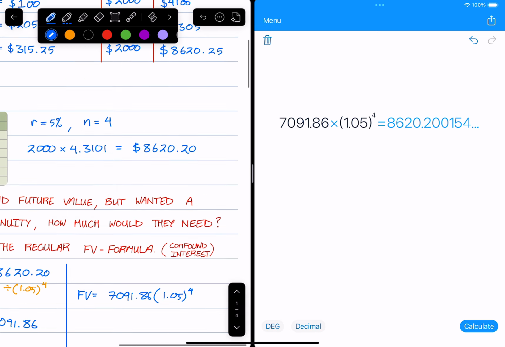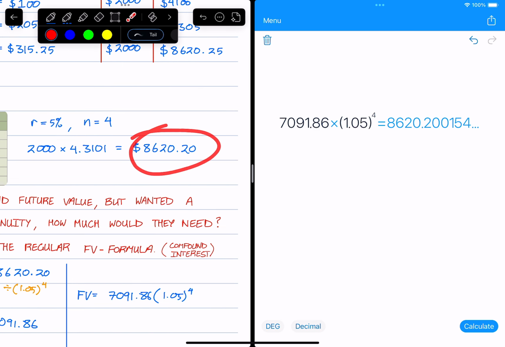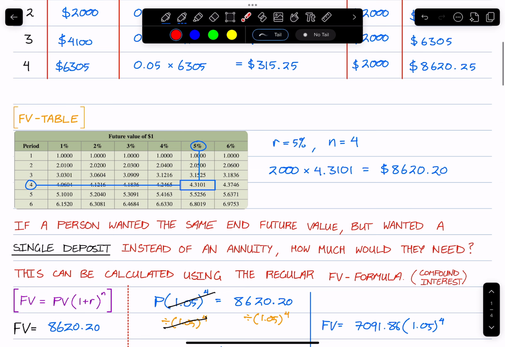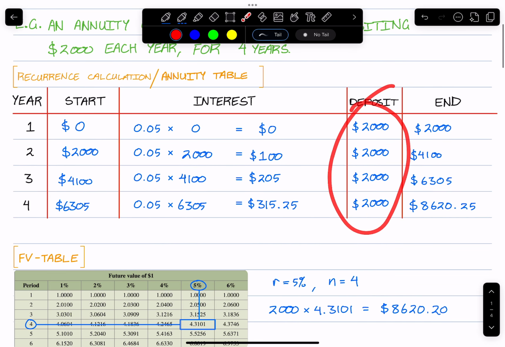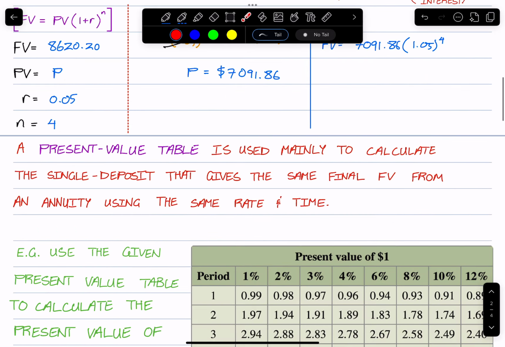And as you can see, it gets us very, very close to the future value of the annuity. So a present value of an annuity is the single deposit that matches the repeating deposit of the annuity.